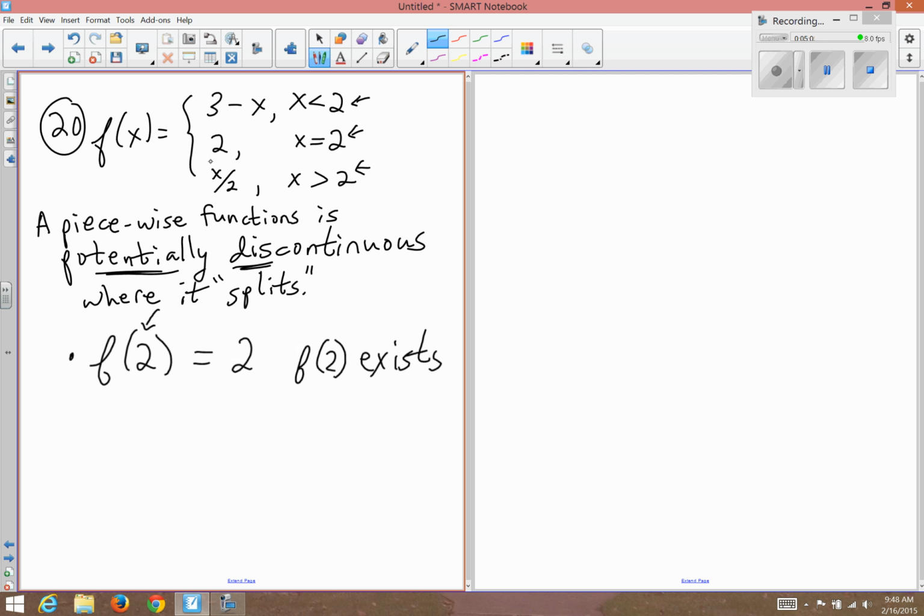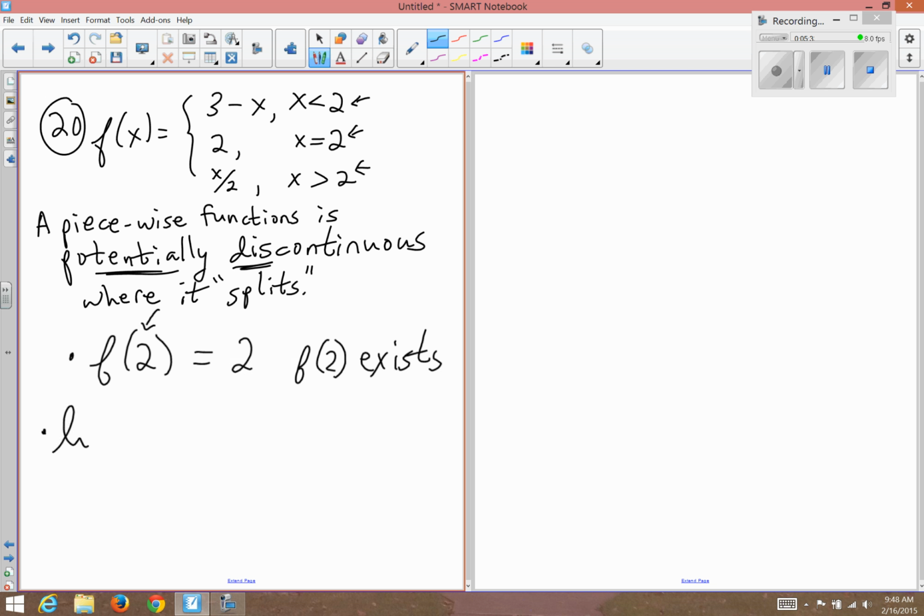If this middle condition were not here, f of 2 would not exist, because we have f of x when x is less than 2 at the top and f of x when x is more than 2 at the bottom. If this middle piece were missing, we would say f of 2 does not exist. But the way it's given, f of 2 does exist.